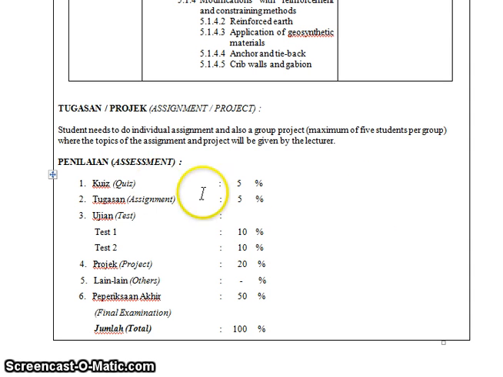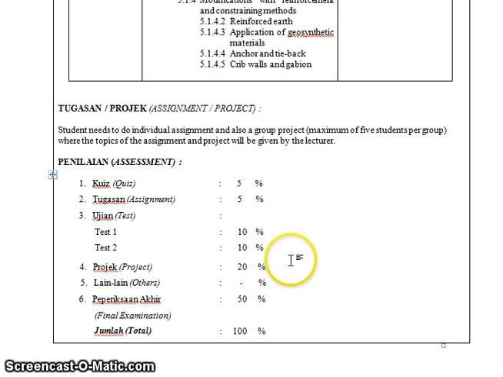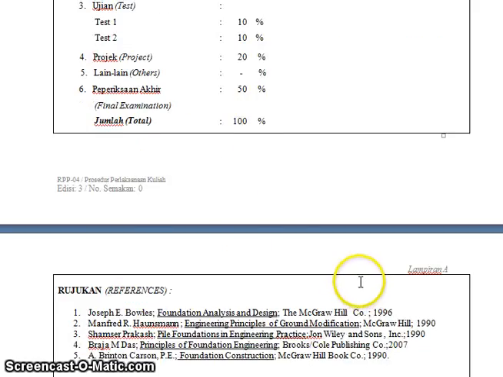And in terms of the assessment, first of all, we'll give you about 5% for quiz, 5% for the assignment. Then we are going to have 2 tests, which will take about 20%, and then the project will give us another 20%, and the final examination will give you about 50%, and in total it's 100%.